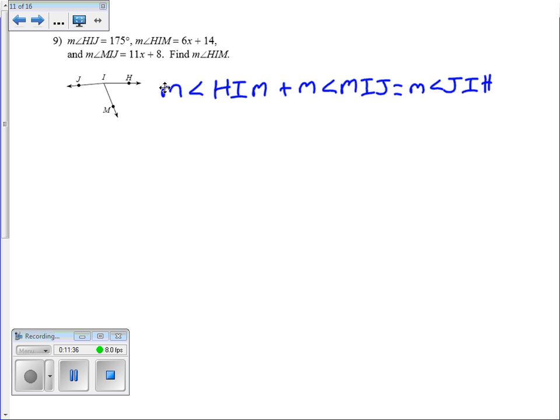So HIM is given as 6x plus 14. The measure of MIJ is given as 11x plus 8. And the measure of JIH is the same thing as HIJ, which is 175.